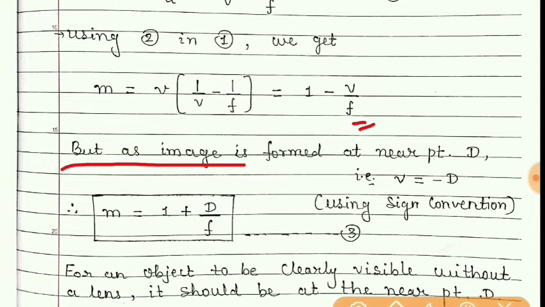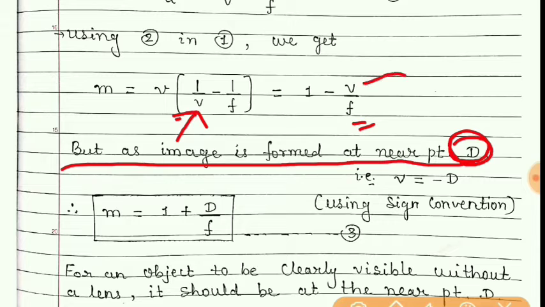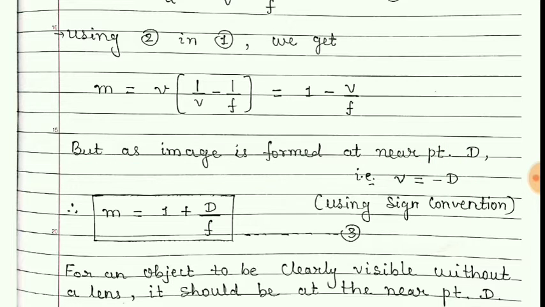But as the image is formed at near point, remember, image is always formed at near point. So in that case, image distance v can be taken as d. Because image is formed at near point, we can take image distance as d. And students, see here, there is a negative sign. It is because we have to use the sign convention.